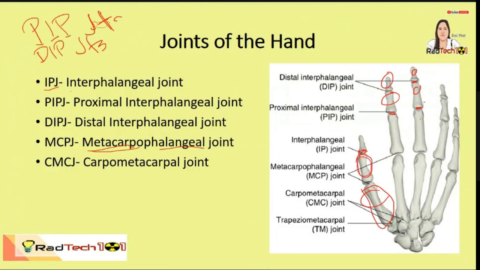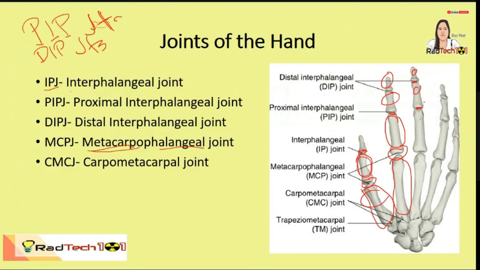So this is the metacarpophalangeal joints or the MCP joint. Ito din, the second metacarpal bone is attached to the proximal phalanx of the second digit. So between this is the metacarpophalangeal joint. Okay? Or specifically, we have the first MCP joint if we're talking about the first digit and the first metacarpal.